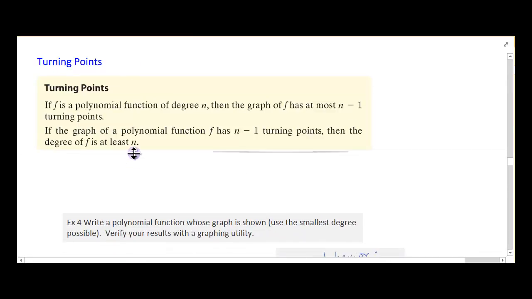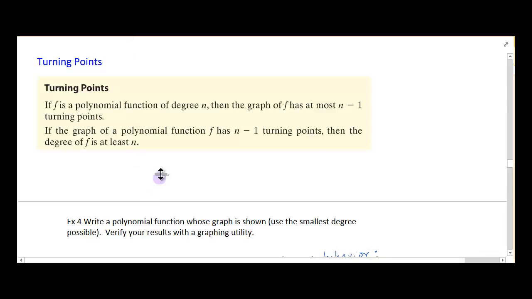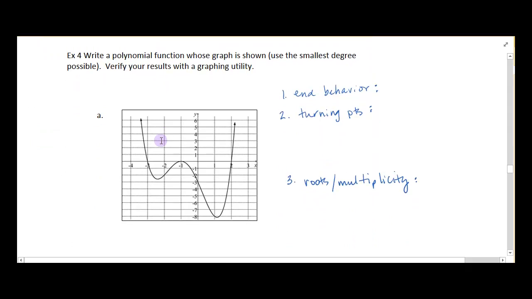So let's practice that. We have an example I want to look at together. It says I would like to write the polynomial function for the graph that's shown. I need to take all of this stuff we've learned so far and write the polynomial for this, and then we're going to check it using a graphing calculator. First, the end behaviors are both going off in the same direction.